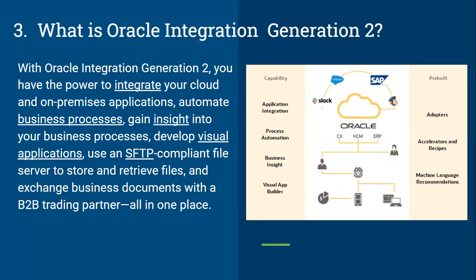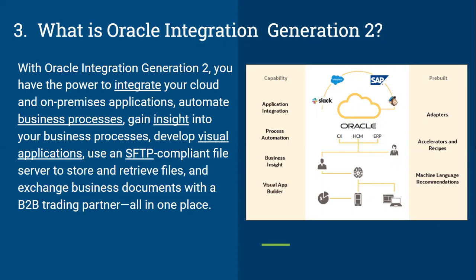What is Oracle Integration Generation 2? Here in these three questions, we are discussing what OIC is and what its features are. But the questions are different. I mean, they may ask in different ways, but the basic questions are these.